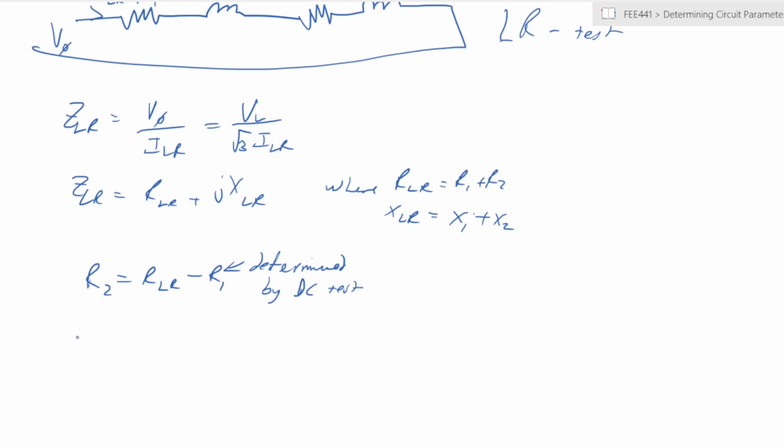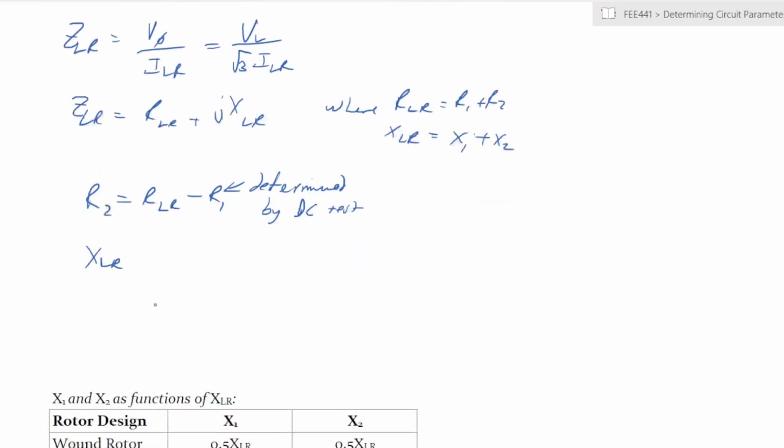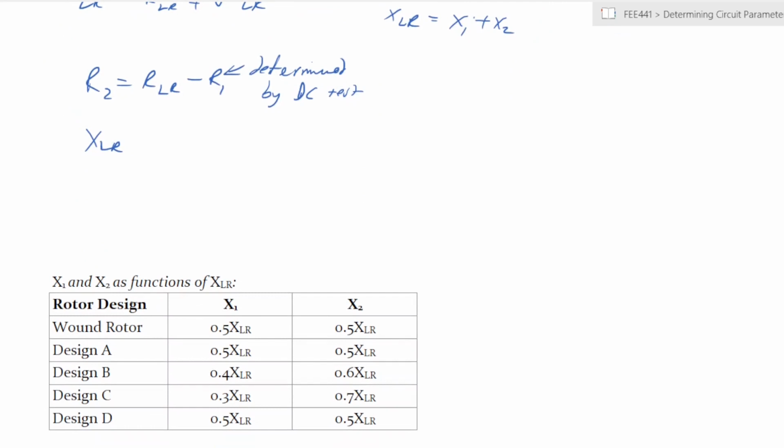What we then have with XLR is we use a certain characteristic of the motor, which we call the design characteristics. So the rotor design determines the ratio between X1 and X2. If you have, for example, a wound rotor, XLR will be equal to X1 plus X2, because it's a ratio of half and half.